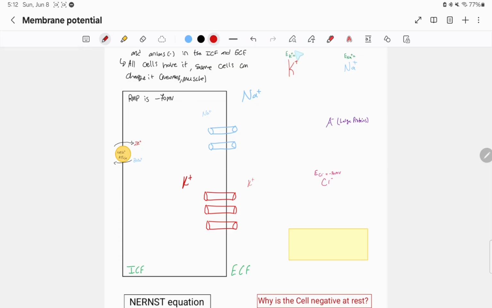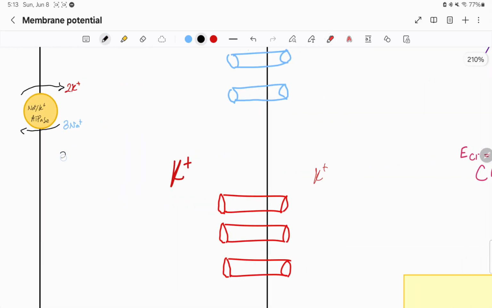But that's not the only thing this guy is responsible for. He's responsible for generating the concentration gradients, absolutely, for these ions, but he's also doing something else. Notice, 3 positives leave, 2 positives come in. Wait a minute.